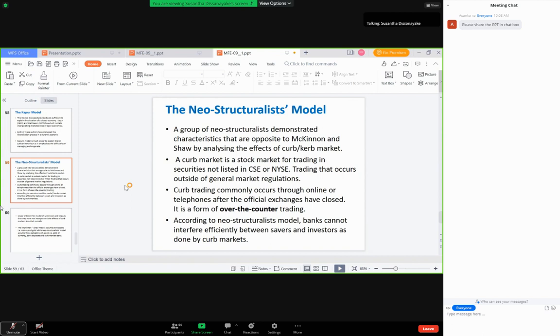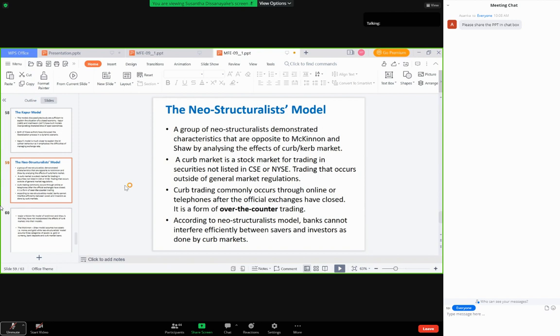A curb market is a stock market for trading securities not listed on the CSE or NYSE, trading that occurs outside of general market regulation. So according to the neo-structuralist interpretation, the curb market is a market where securities are traded but not listed on the CSE, the Colombo Stock Exchange, and the NYSE, the New York Stock Exchange.